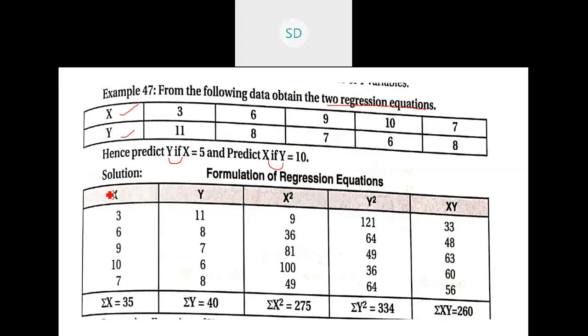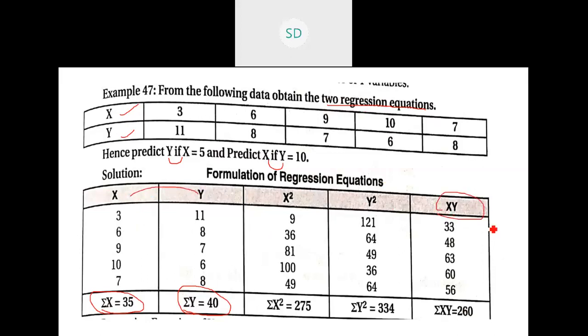Now once you write down, the first important value is summation x. So add all the numbers in x, and you get summation x. Then is summation y. So add all the values of y, and you get summation y. Now going on further, the next important value is xy, that is multiplication of these two columns, that will give us xy here.